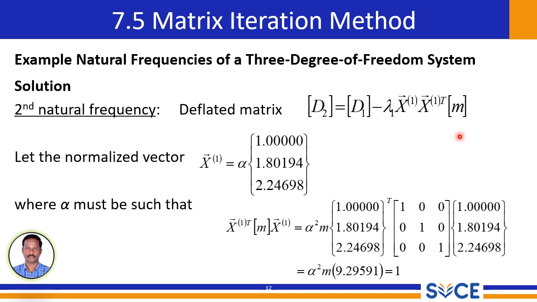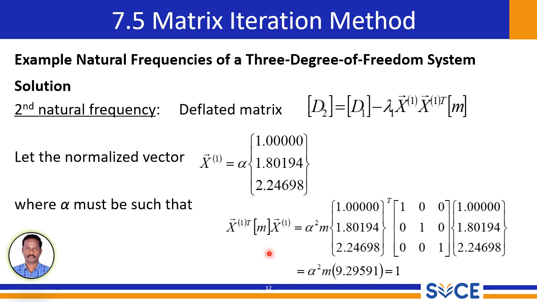Next, the normalized first mode shape vector, which was obtained from the convergence of the matrix iteration method in the previous step. However, it is noted that this vector needs to be further normalized with respect to the mass matrix.